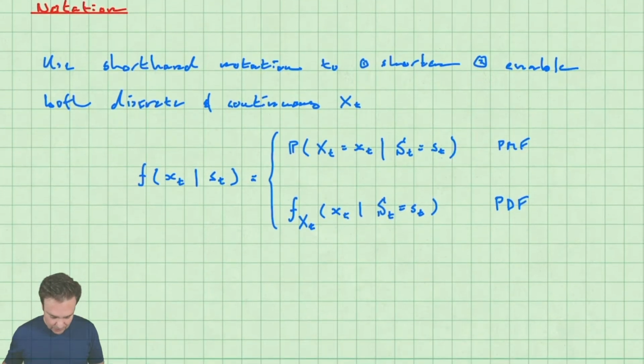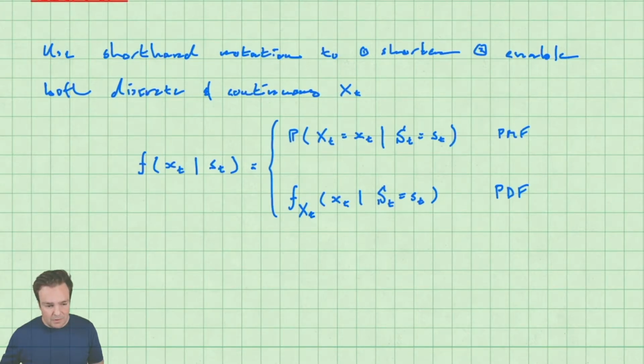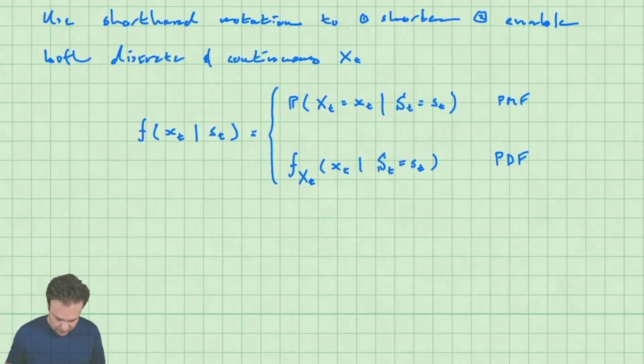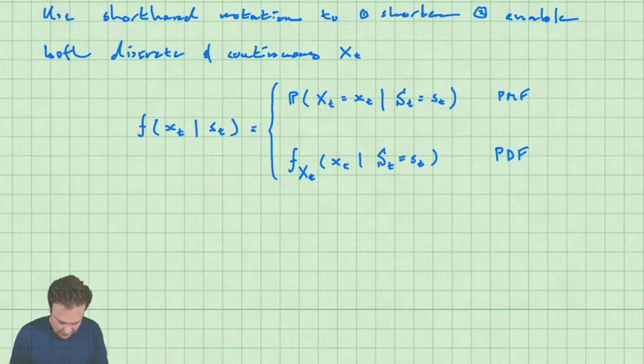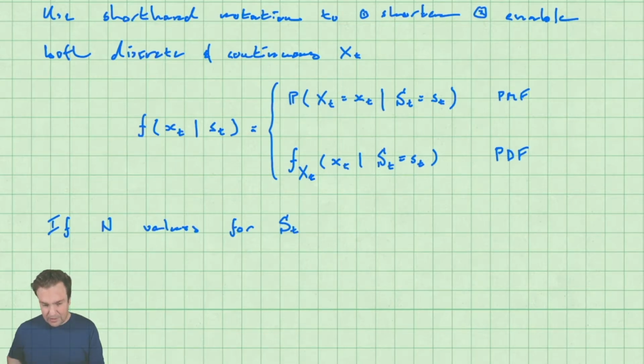I also want to mention an interesting thing about this notation. Suppose that you have capital N states for these guys. Your state space has capital N elements, values that the hidden chain can actually take on.